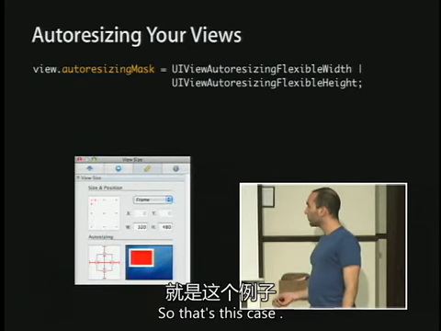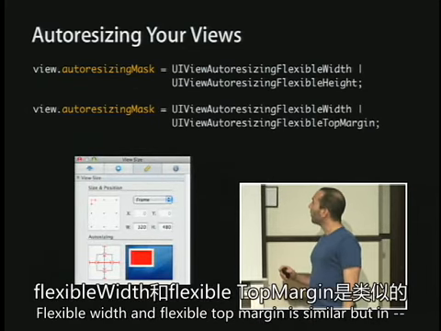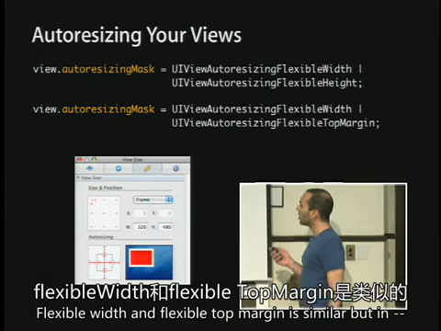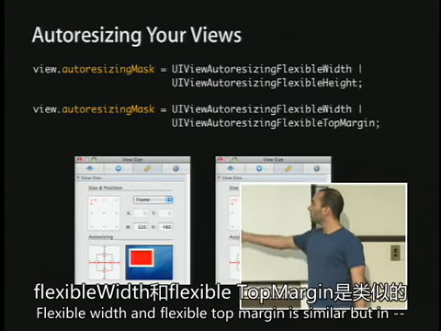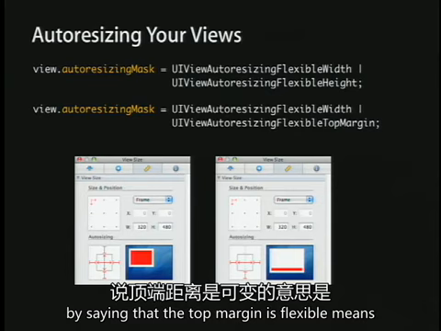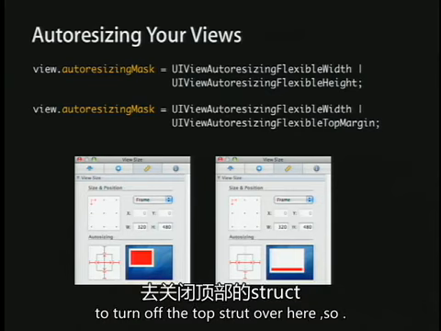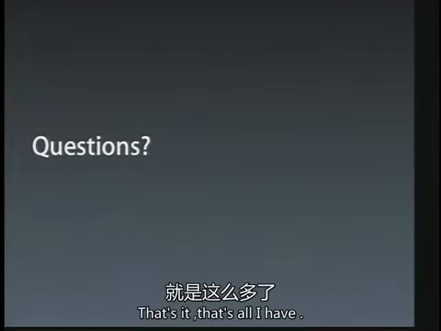So that's this case. Flexible width and flexible top margin is similar, but saying that the top margin is flexible means to turn off the top strut over here. So that's all I have.